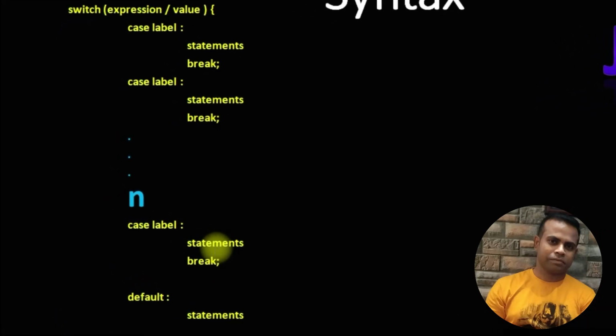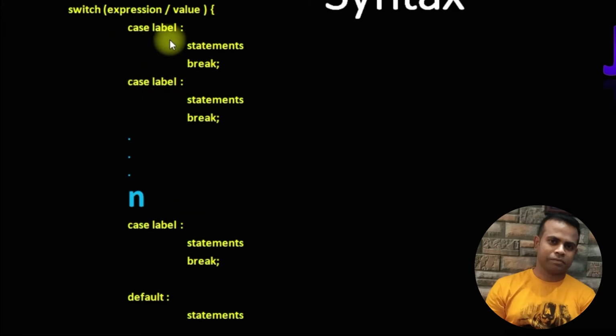Now if we want to execute the same program, we have to write this type of syntax where first we have to write switch, then in brackets there can be an expression or value. For this example it's a value like 1, 2, 3, 4 which will be accepted from the user. Now based on these selections we can create a number of cases, instead of if else conditions.